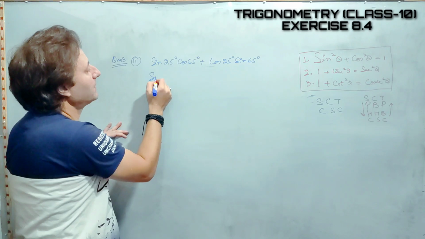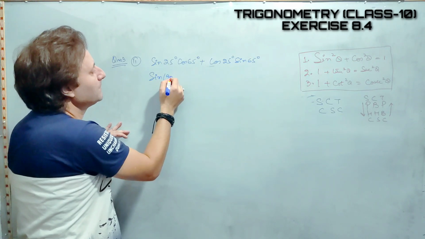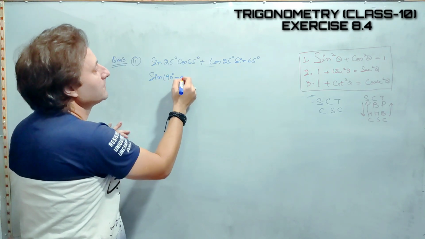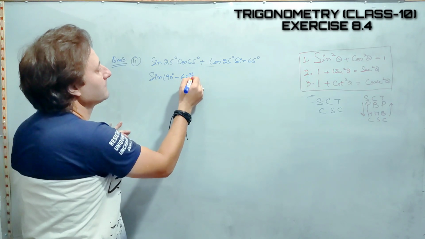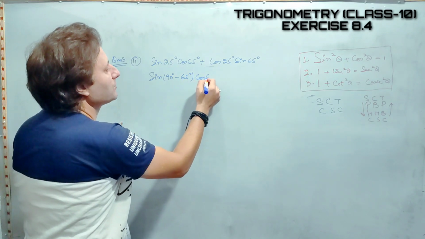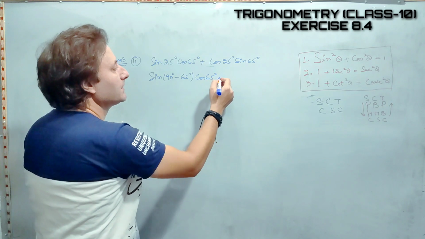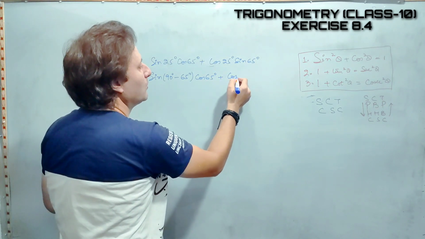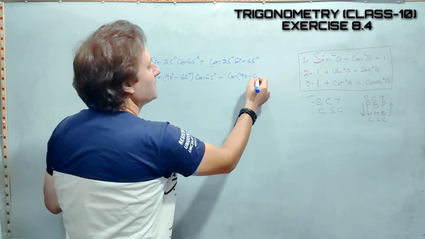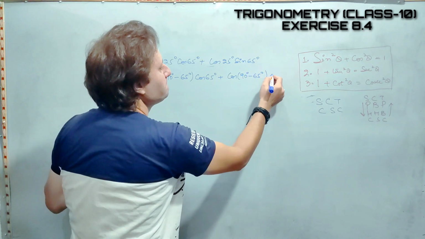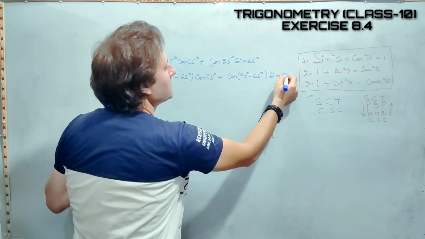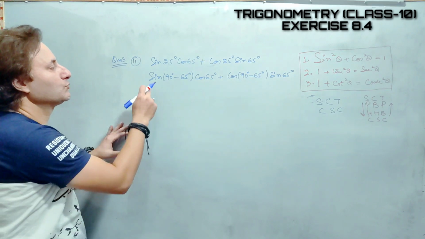So I will write sin(90° − 65°), and then cos 65° is the same here, plus cos(90° − 65°) and sin 65° is the same. So what is this?